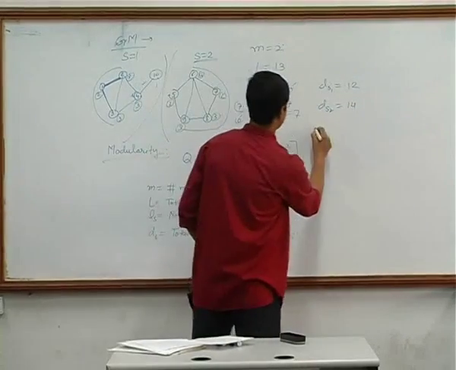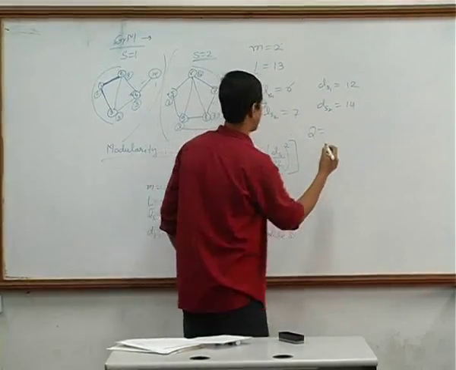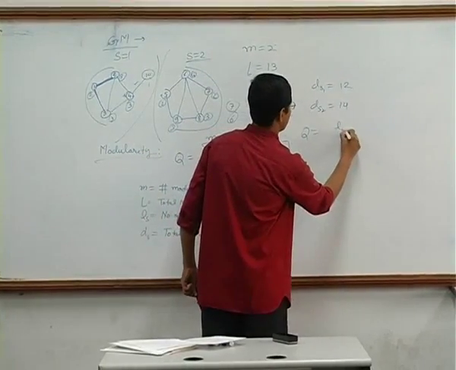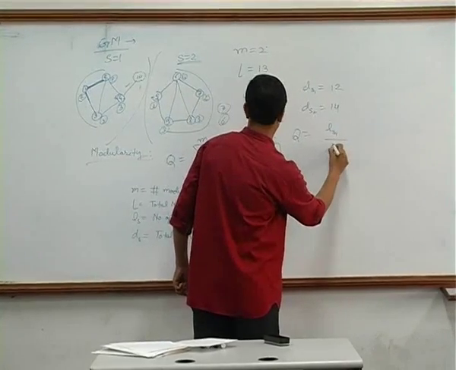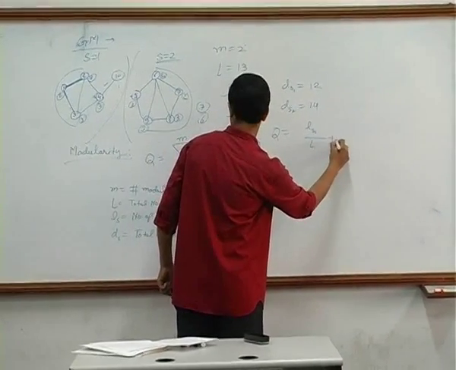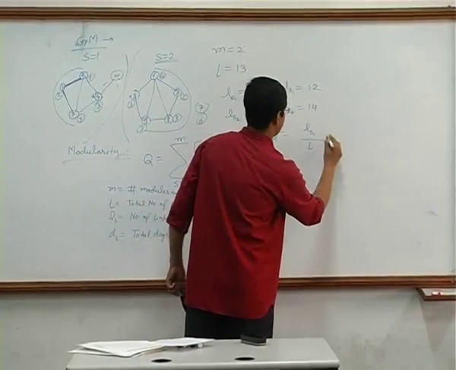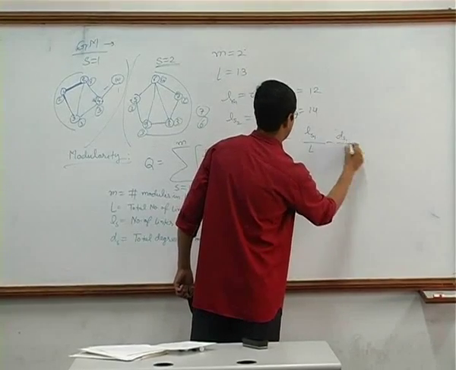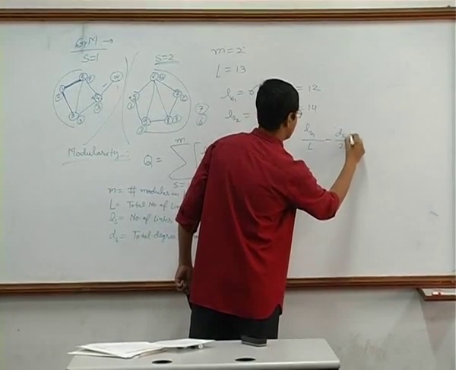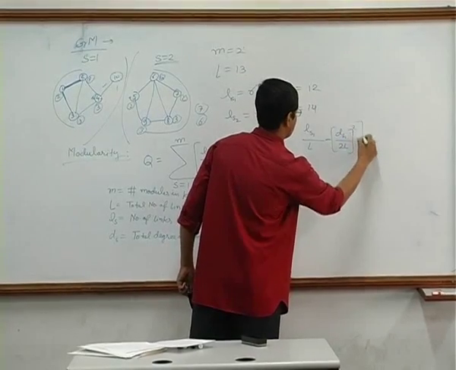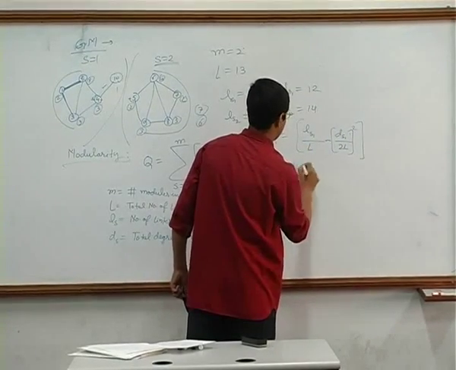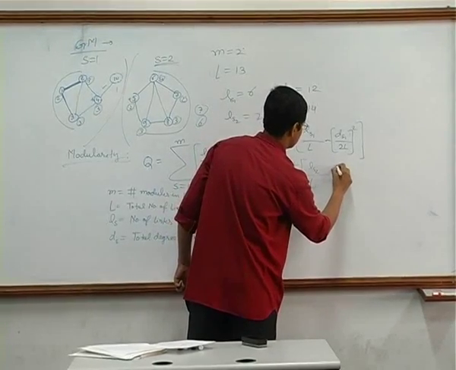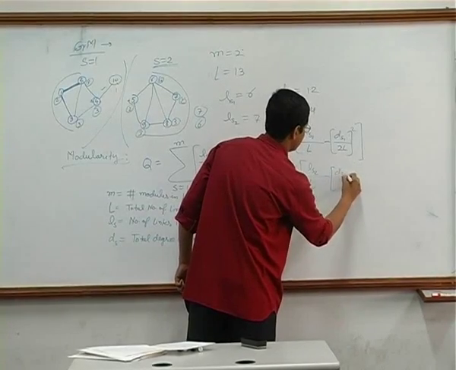So here the modularity score Q will be LS1 divided by L minus DS1 divided by 2L, plus LS2 minus DS2.